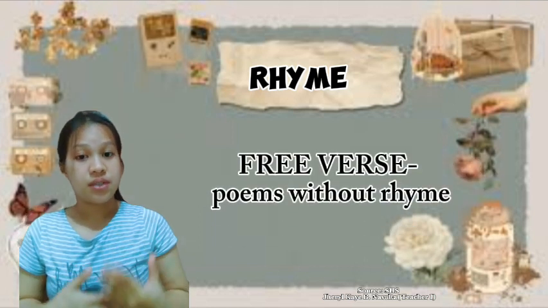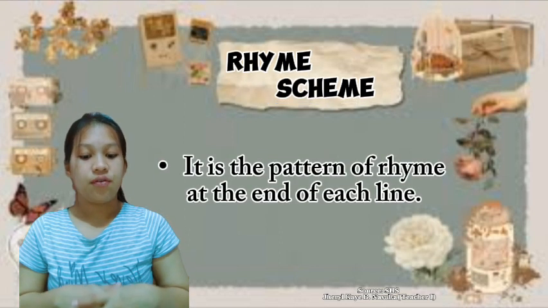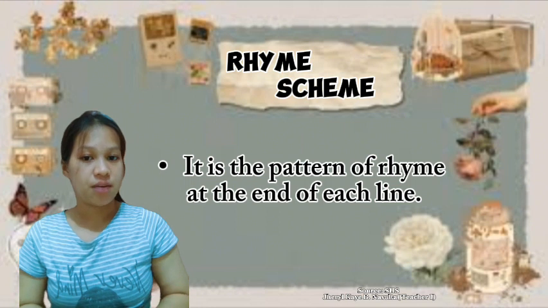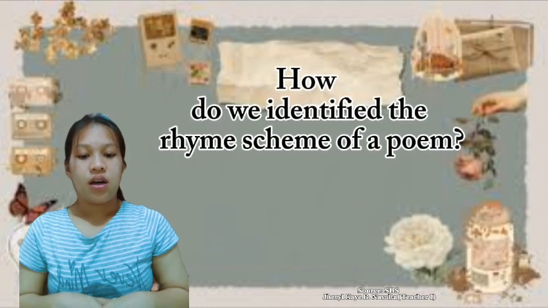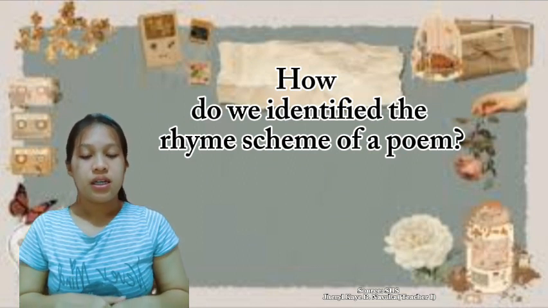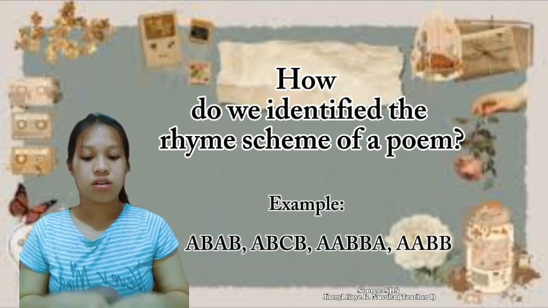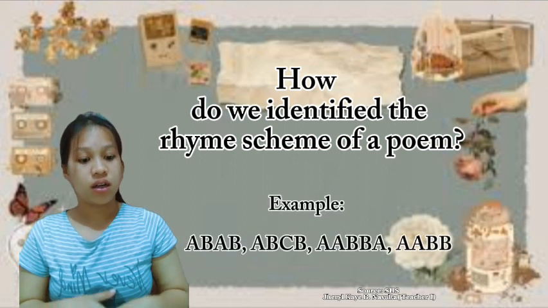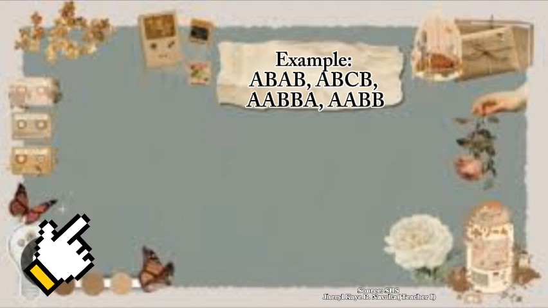Let's proceed to rhyme scheme. The pattern of rhyme at the end of each line is called the rhyme scheme. How do we identify the rhyme scheme of a poem? There are endless numbers of rhyme schemes that may manifest in a poem, but some of the most popular ones include ABAB, ABCB, AABBA, and AABB.